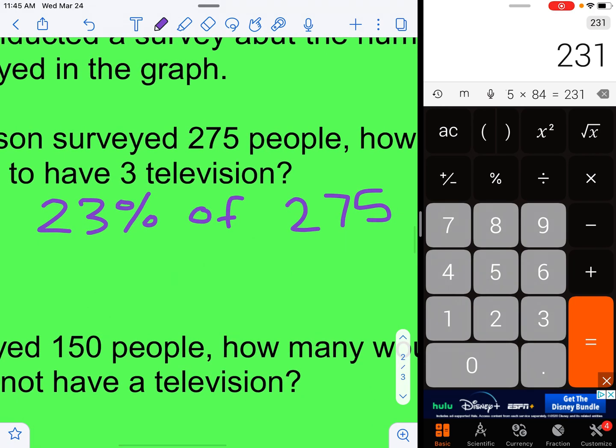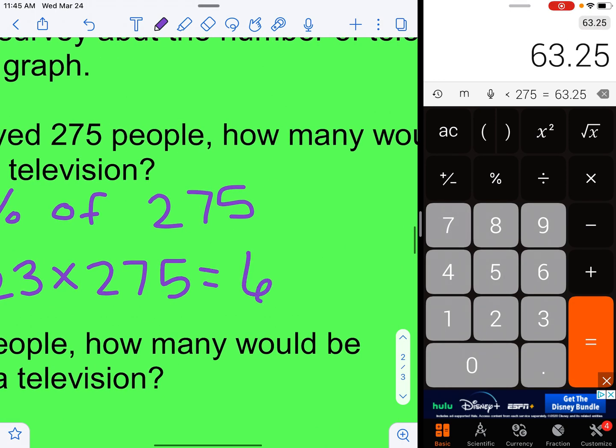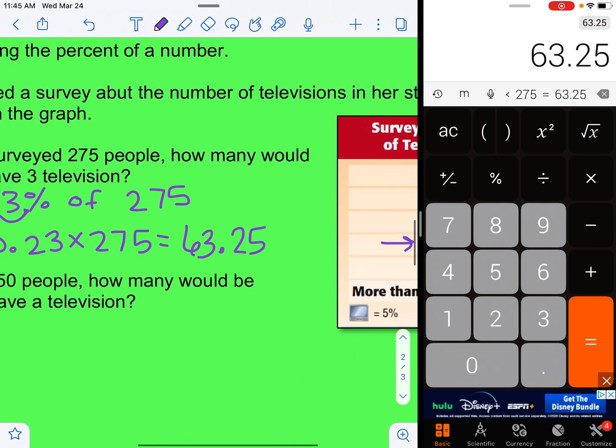We're doing the exact same thing we've been doing this whole lesson. All we need to do is change our percent to a decimal. So we move our decimal point 2 places to the left. 1, 2. I get 0.23 times 275. Go ahead and multiply that out, and I get 63.25.